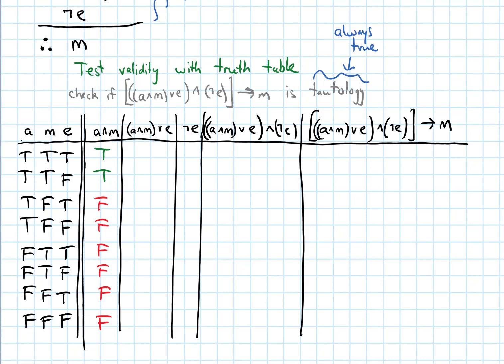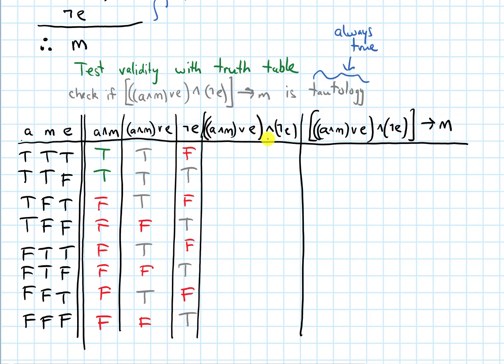And now I got to make an or statement with the previous column in E. The only way for an or statement to be false is if both of those columns are false. And that happens in this 4th row, this 6th row, and that last row, but the rest are all going to be true. Not E is going to be the opposite of E, so I'll get falses here, and the rest are going to be true.